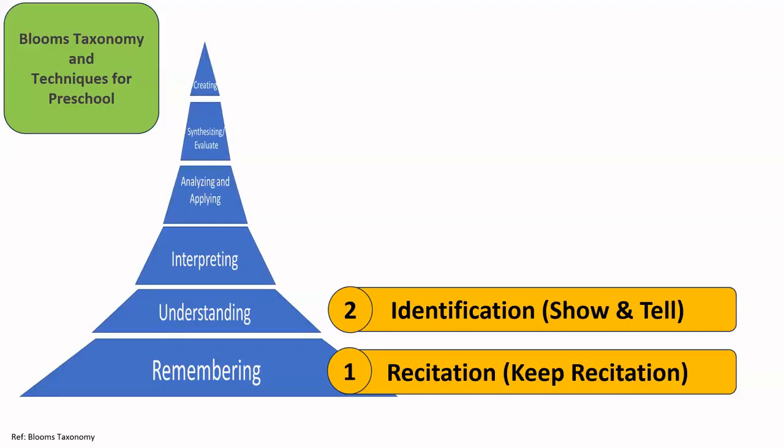If you are talking about apple, A for apple, either carry one real apple, that's fantastic. If that is not available, then bring one toy apple. If that is not available, bring a flashcard of an apple picture, or the book where the apple picture is printed as their syllabus book. Open that page and show them.